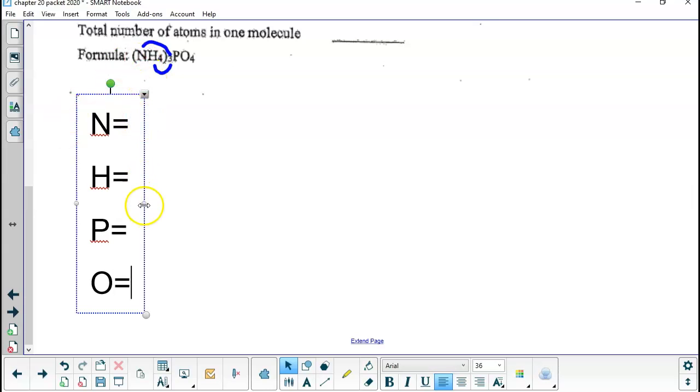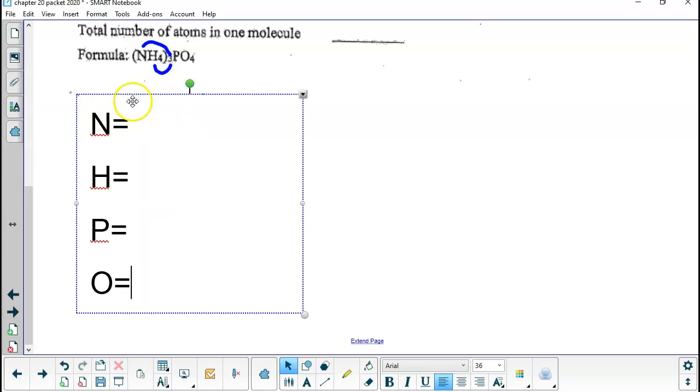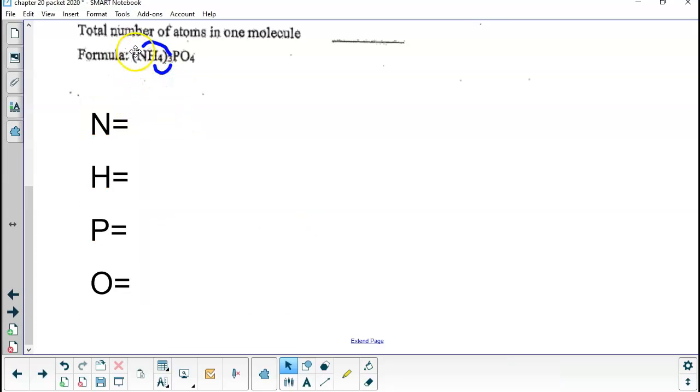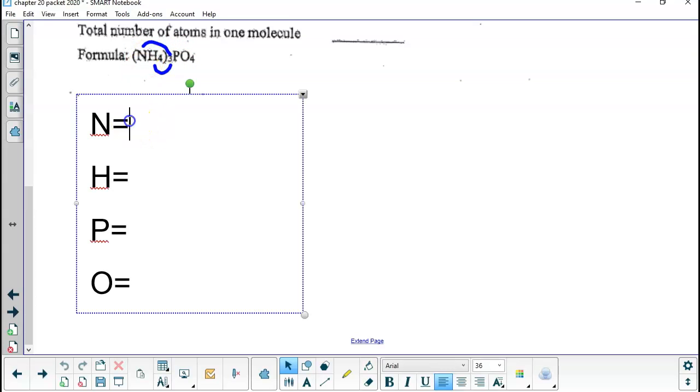Okay, and if I need to figure out how many of each one I've got, if I look at my N here, there's no number after the N. So that means I have 1 N. But that 3 has to be distributed. So there's 1 N inside, and I have to multiply it by 3.